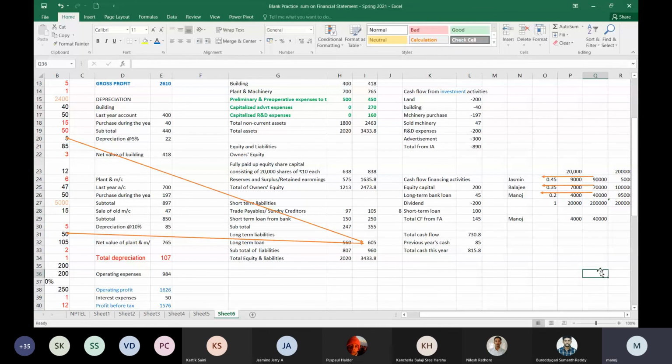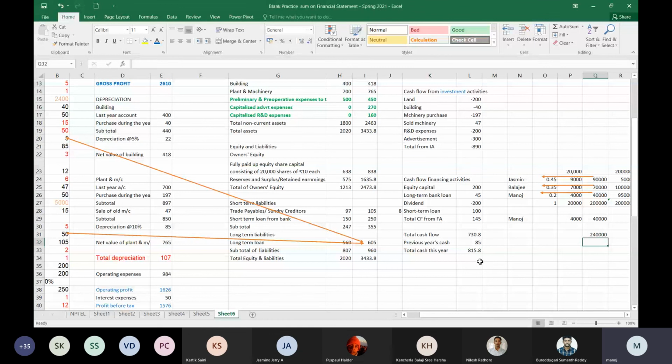How much percentage should I get? The entire percentage is to be estimated differently, that is a different issue. I have brought in 40,000 rupees, so our equity capital, which was 2 lakh rupees, will now become 2 lakh plus 40,000.